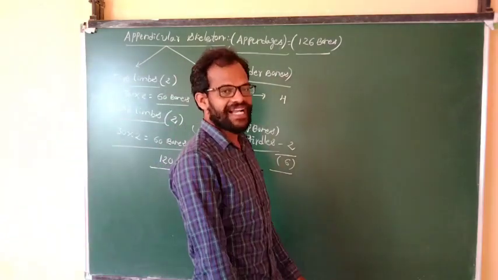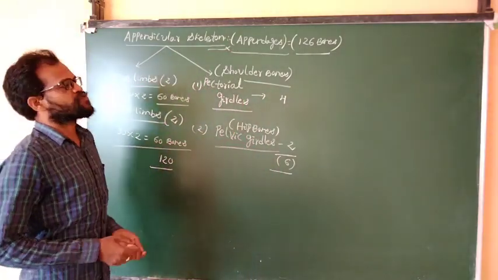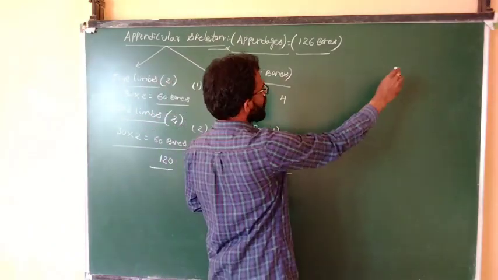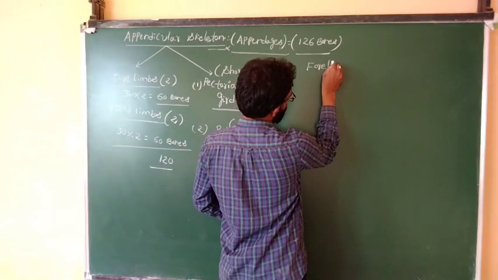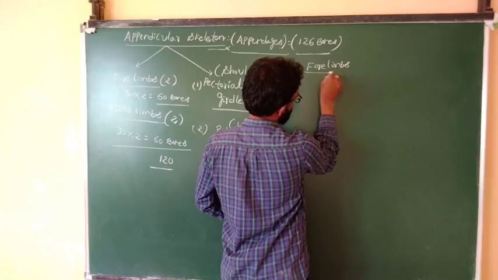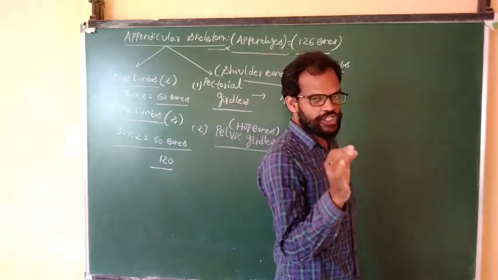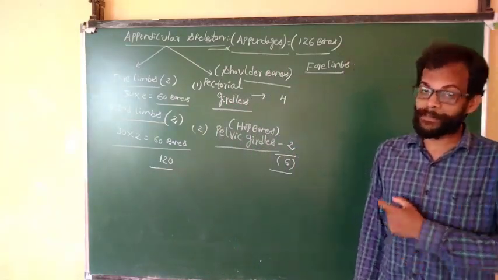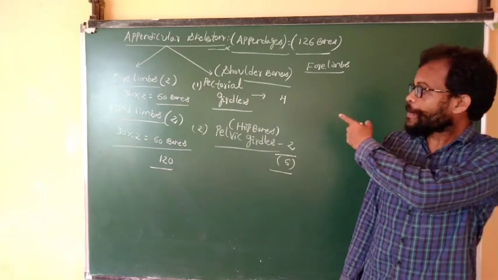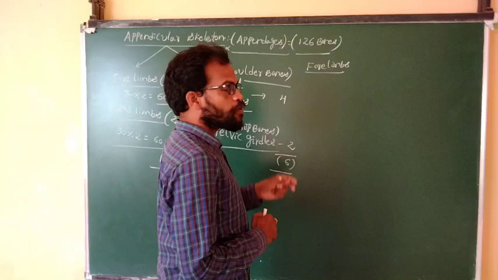Coming to the first one, it is known as the forelimbs. Each forelimb consists of how many bones? 30 bones. Plus the pectoral girdle, the shoulder bones, total 4 bones.